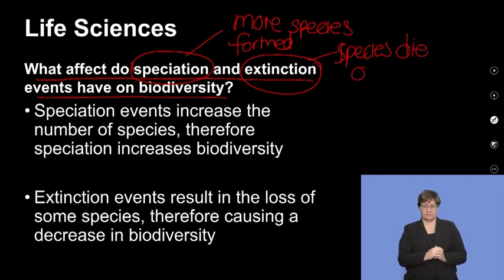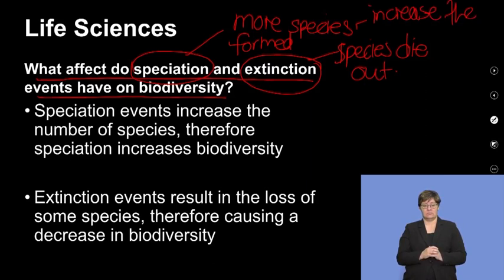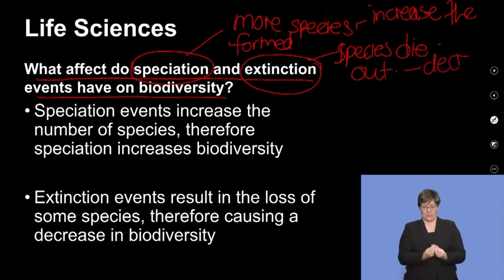If we look at those two, speciation would increase the number of species that we find, whereas an extinction event would decrease it. We have fewer species then, so that decreases the number of species.